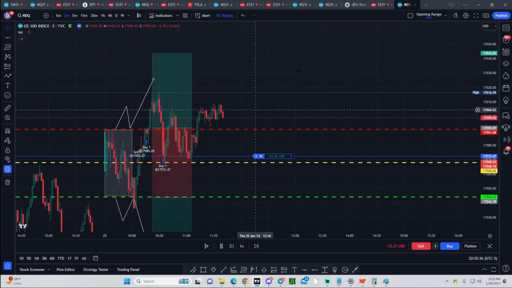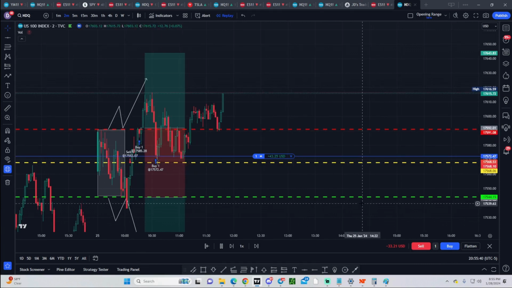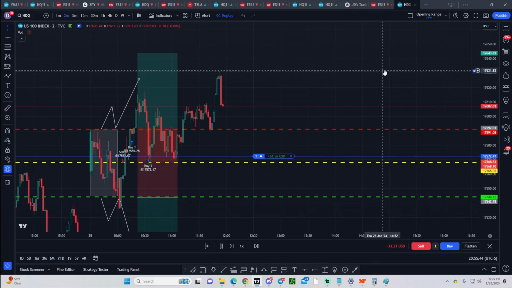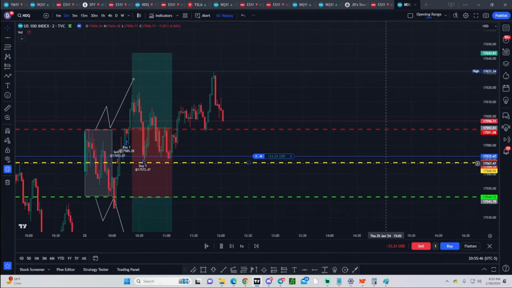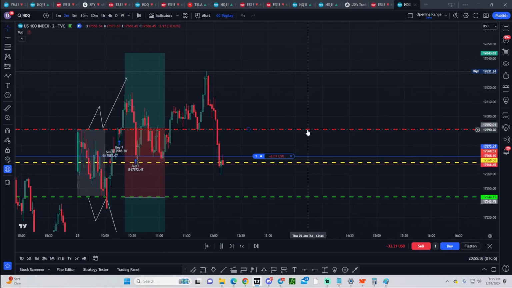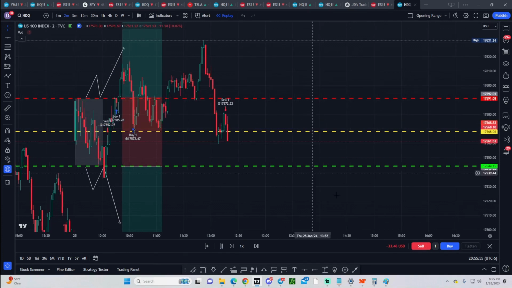So we're still above the range, which is fine. We're in profits. We're nicely in profit, so you can see at this point, the position should be at break even. So let's just flatten that position.